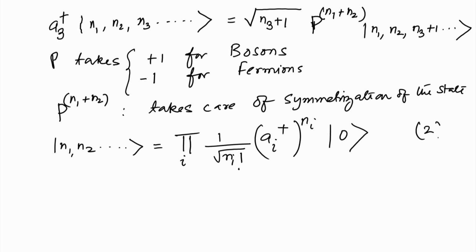Let us call this equation 2. And if you remember that we have insisted on having this vacuum, or that F_0 that we had written, which is a null state, or the state without any particles, as an important element in the family of the Fock basis. And we actually create a many particle state by successively operating the creation operator on the vacuum.